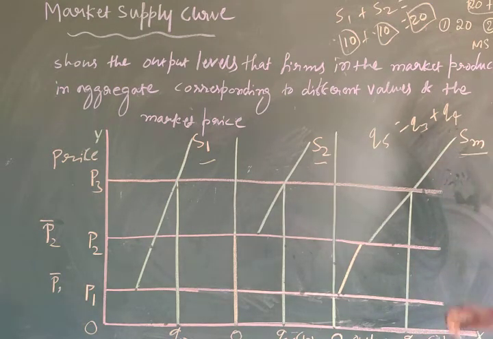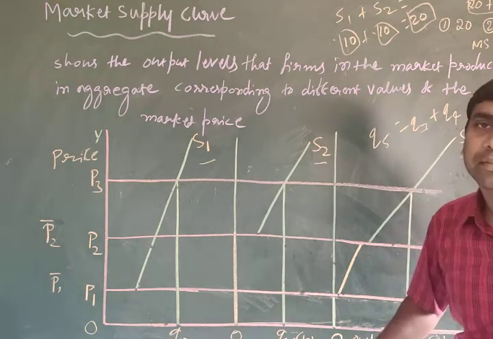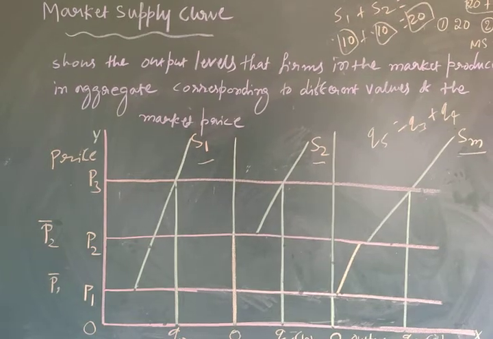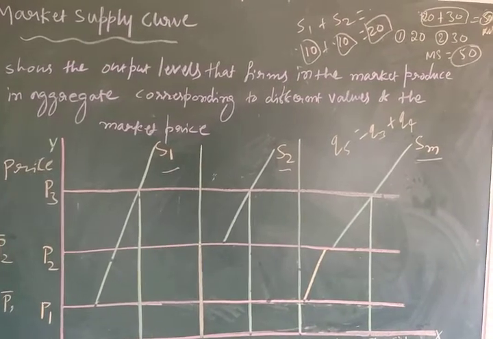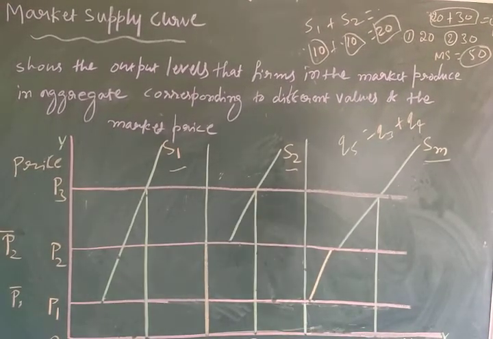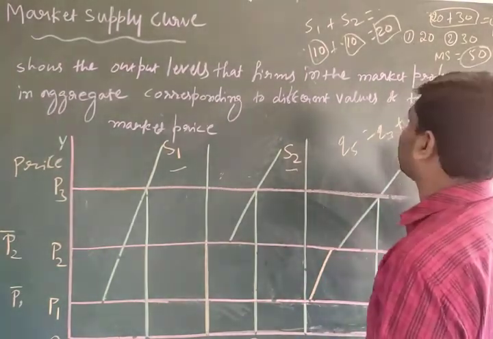SM is market supply. By adding the individual supply curves only, we can get the market supply curve. Understand clearly?